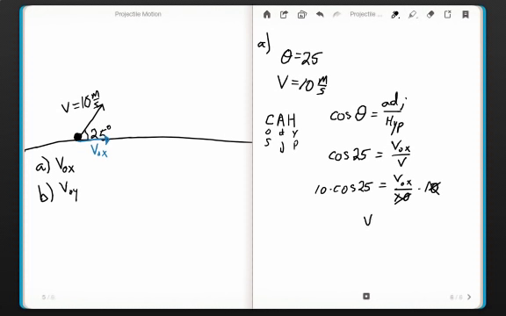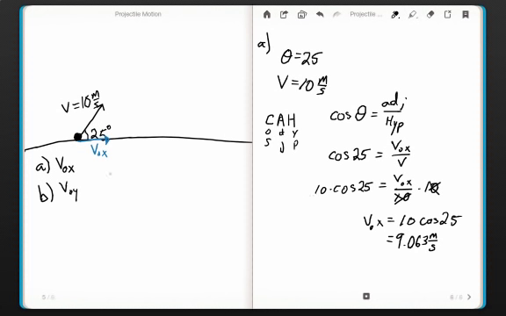And I get v initial x is equal to 10 cosine of 25. If we plug that into our calculators, we should get that v initial x is, that's my brain on calculator mode, 9.063 meters per second.